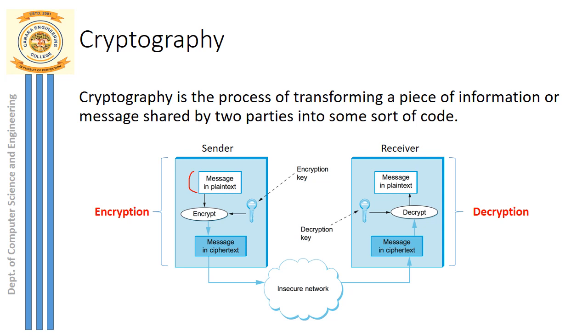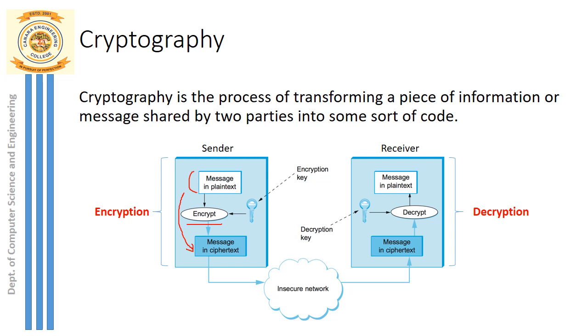So in order to secure this plain text or message, we have to convert it to some sort of code. That process of converting plain text to ciphertext is called encryption. I say once again, the process of converting plain text to ciphertext is called encryption.